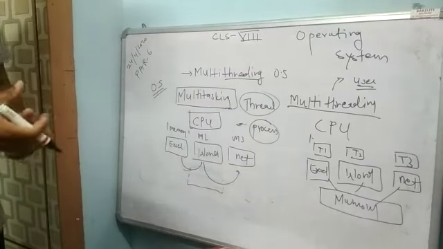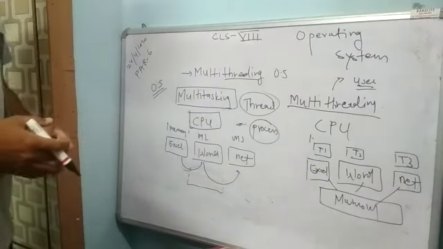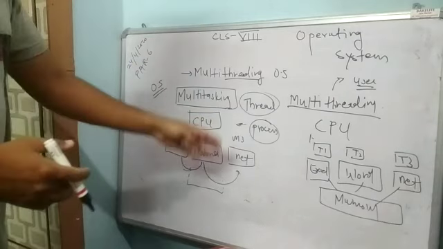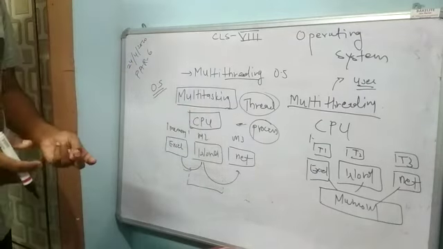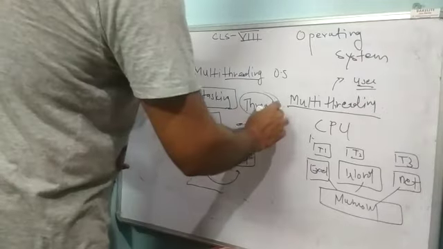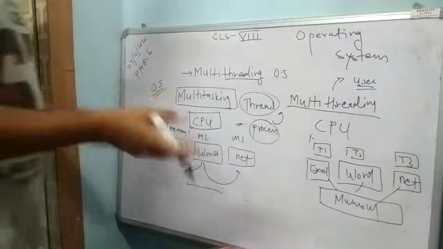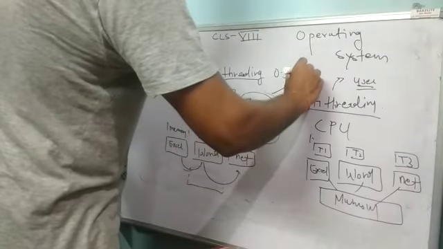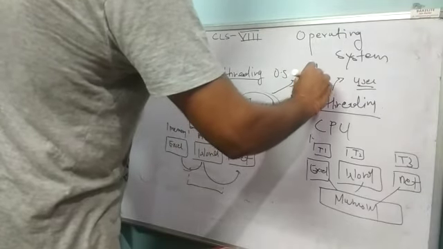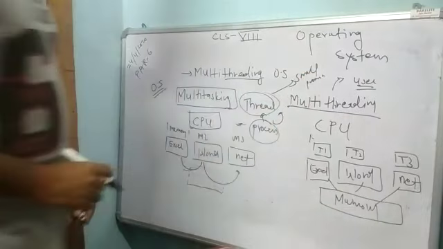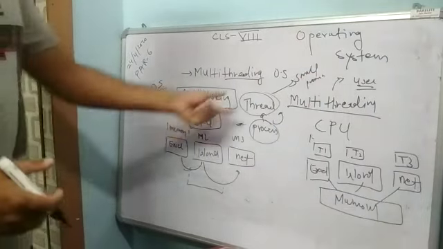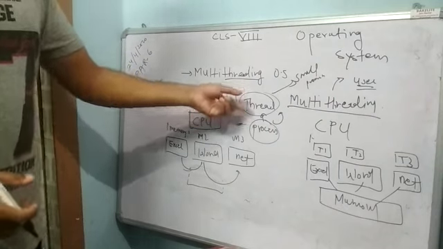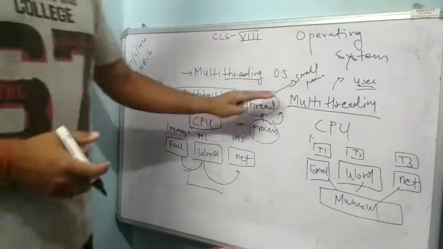If you open Excel, that is a process. If you open Word, that is a process. If you are browsing the net, that is a process. But a thread is a small light-weight process inside a main process. So we use the light-weight process.